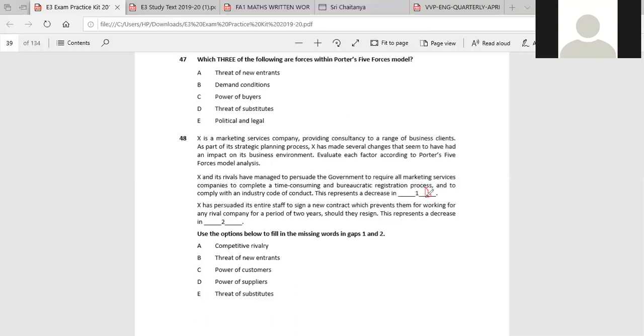Okay. Second one, X has persuaded its entire staff to sign a new contract which prevents them from working for any rival company for a period of 2 years. Should they resign? It's time consuming.